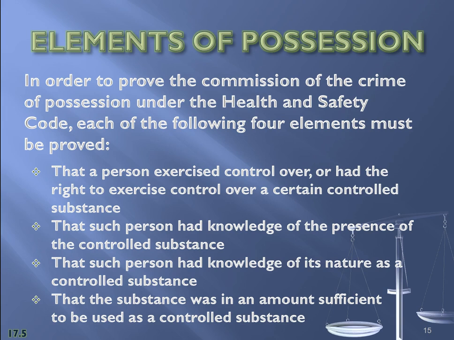Now we're going to keep going when we talk about elements of possession, because we're not just going to talk about the penalty for possessing a drug. Well, how do they determine possession? In order to prove the commission of the crime of possession under the Health and Safety Code, each of the following 4 elements must be proved.